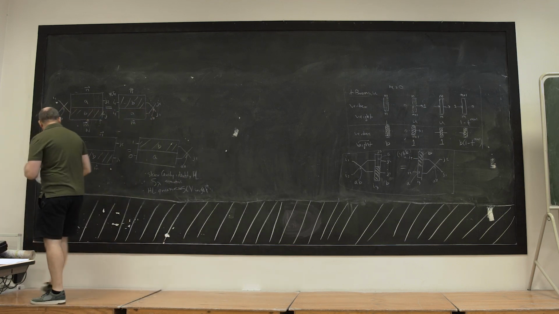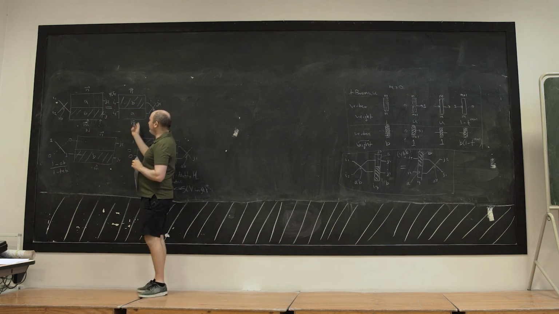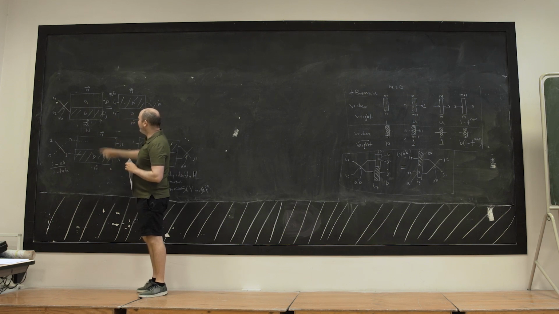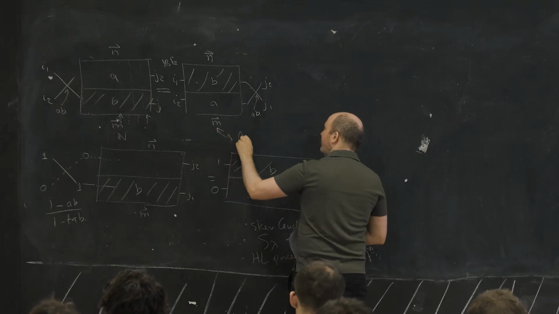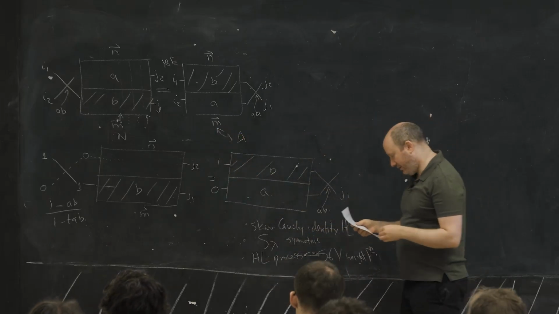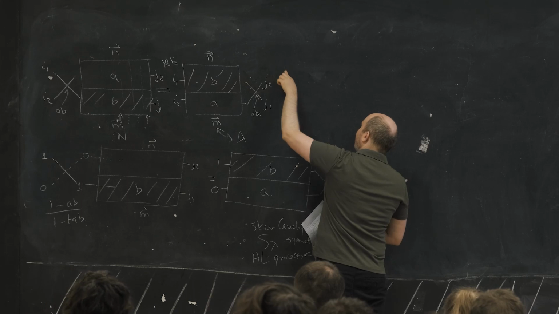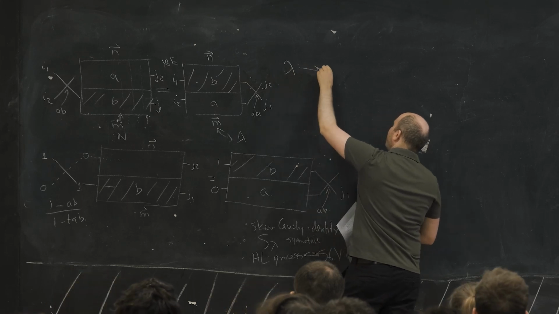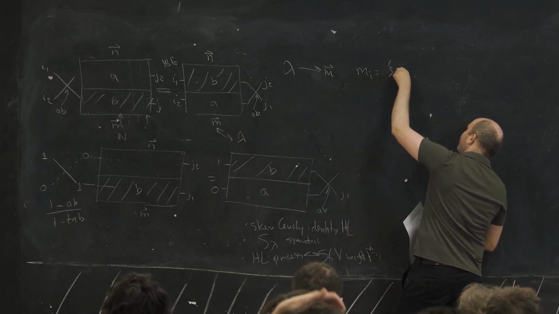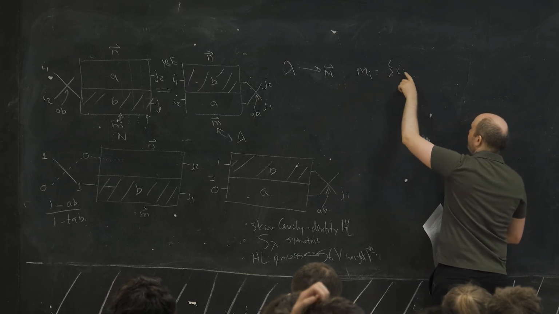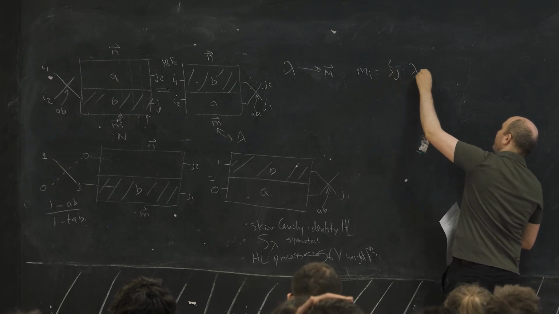So first thing to note is, if you think of these incoming arrows, these m vectors, m1, m2, m3, m4, you can actually associate to each m a partition lambda in a very simple way. If I have a partition lambda, I can map it into a vector m by simply saying that m_i is equal to the number of j such that lambda_j is equal to i.